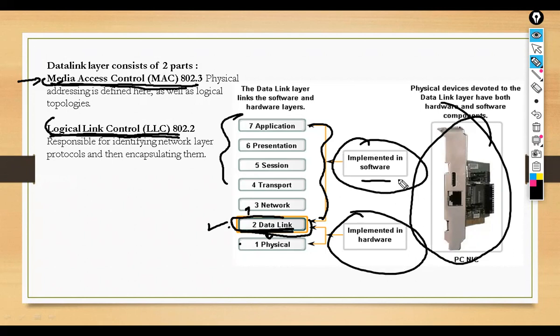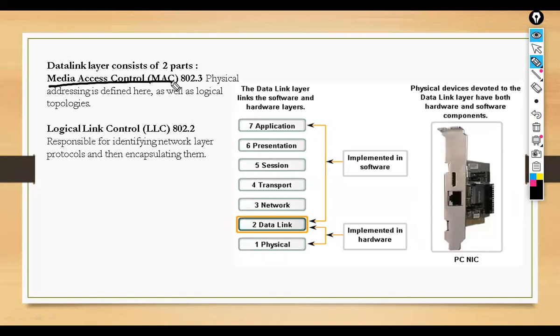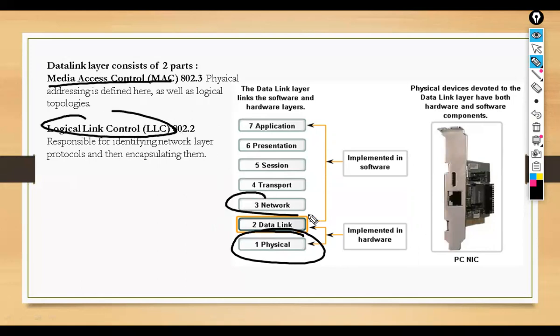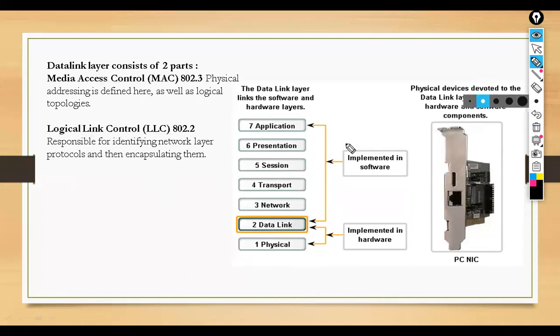They have two portions: the MAC sublayer, which interacts with the physical hardware or the physical layer, and the LLC, which interacts with the network layer. Clear? Okay, so these are the sublayers of the data link layer.